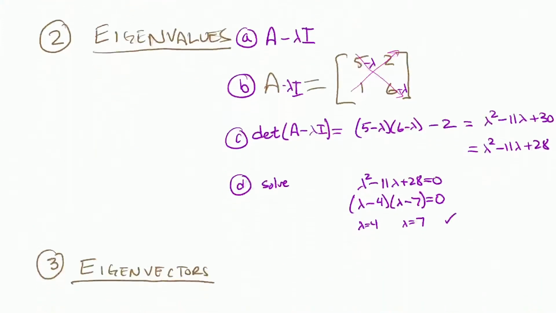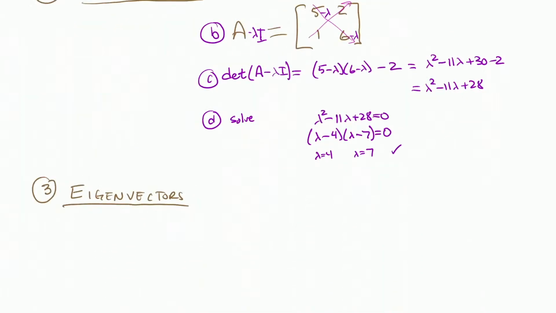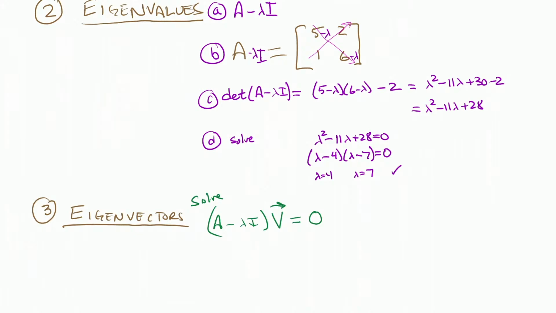Let's see if we can do the same thing down here with this. We need to get eigenvectors, and the way we're going to get the eigenvectors is we go back to A minus lambda I times, I'll call this v, and I'm going to solve that. So let's see if we can do this with these two.